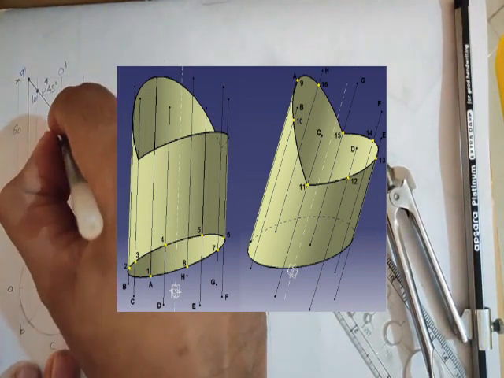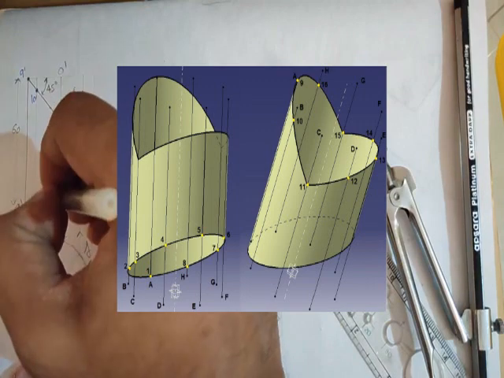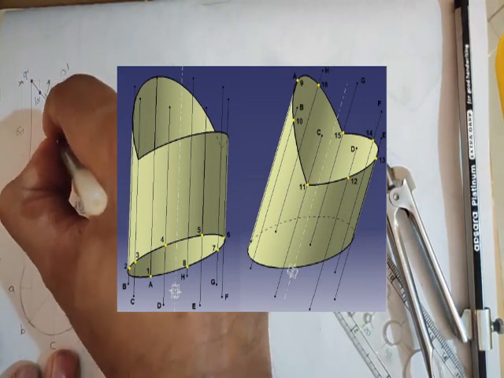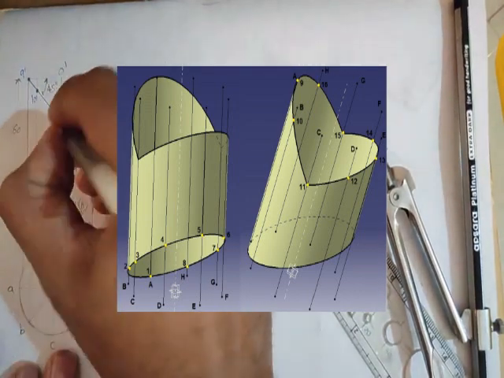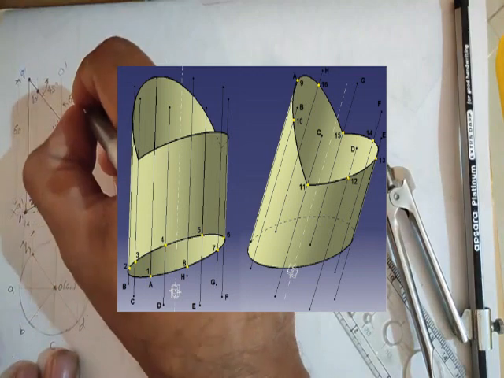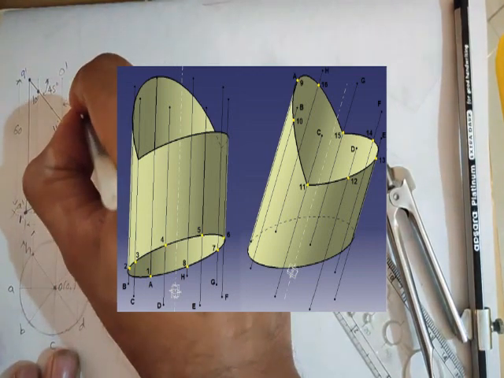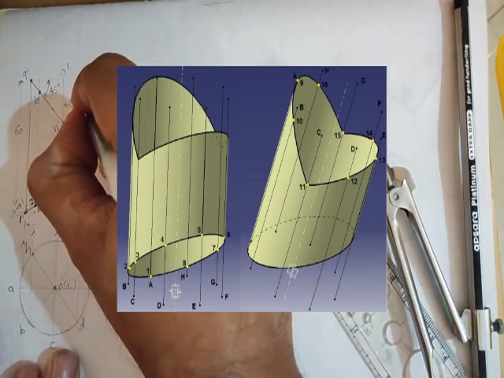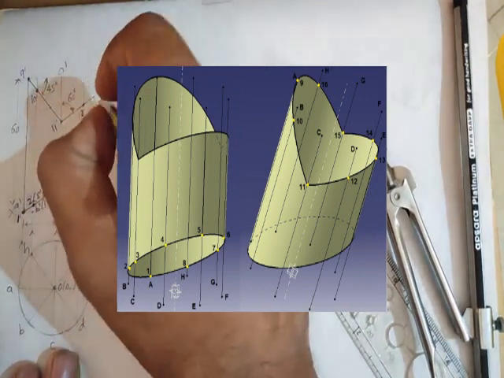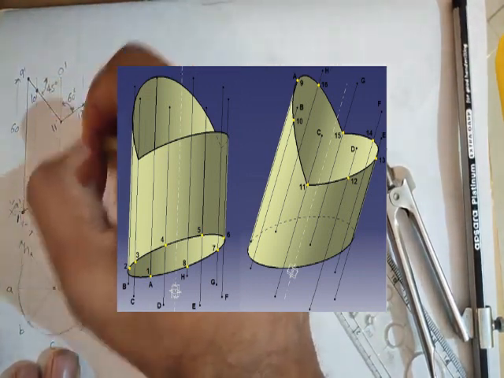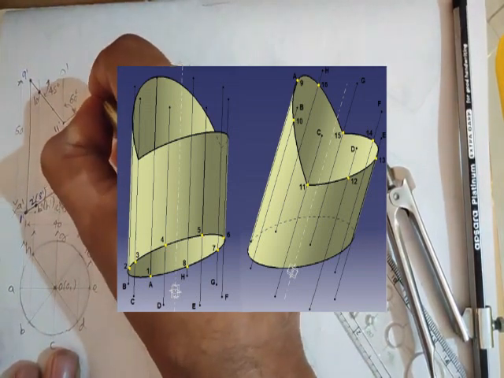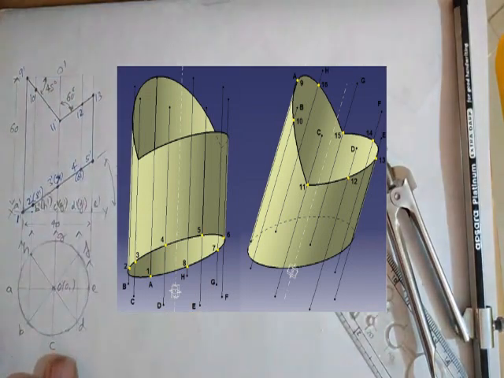Is it cutting the generator C? Yes, at this point. This is 11. Is it cutting the generator D? Yes, at this point. Now this is the third cutting plane. So this is 12. Is it cutting the generator E? Yes, at this point. So this is the 13th point. So 5 more intersection points.